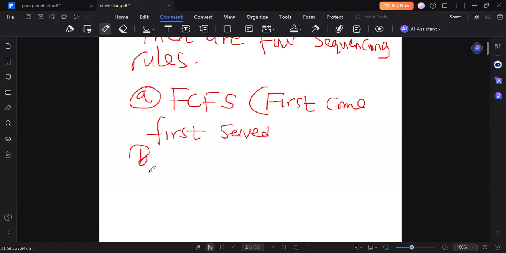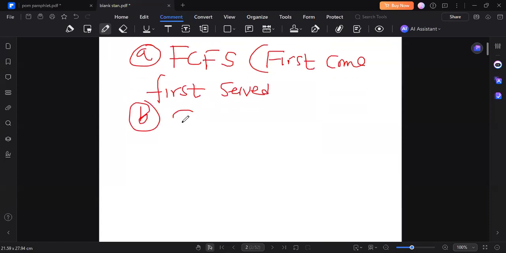Then the other sequencing rule is SPT, which is called the shortest processing time.